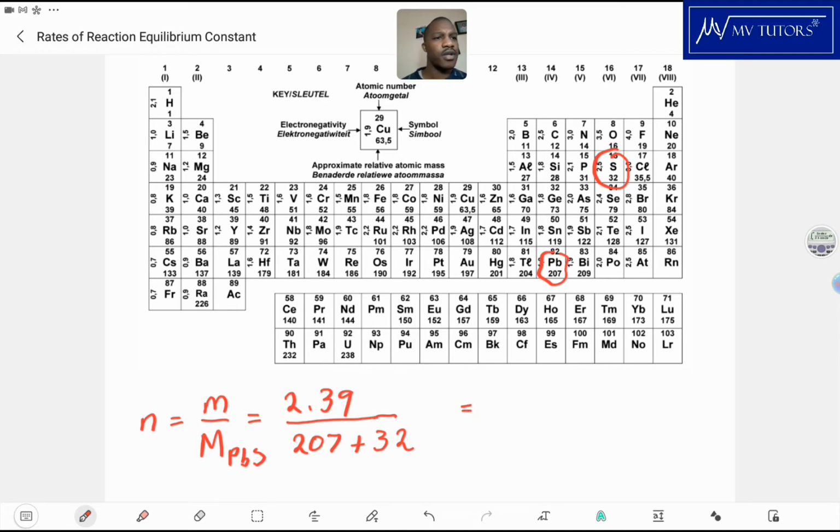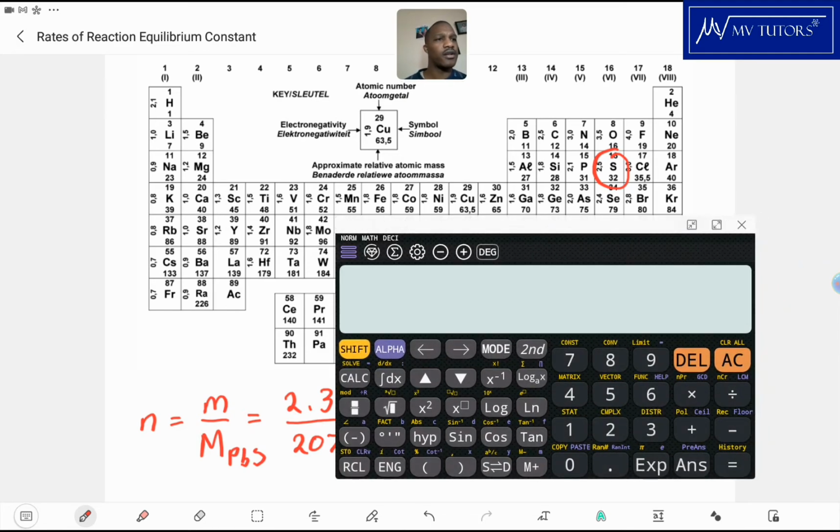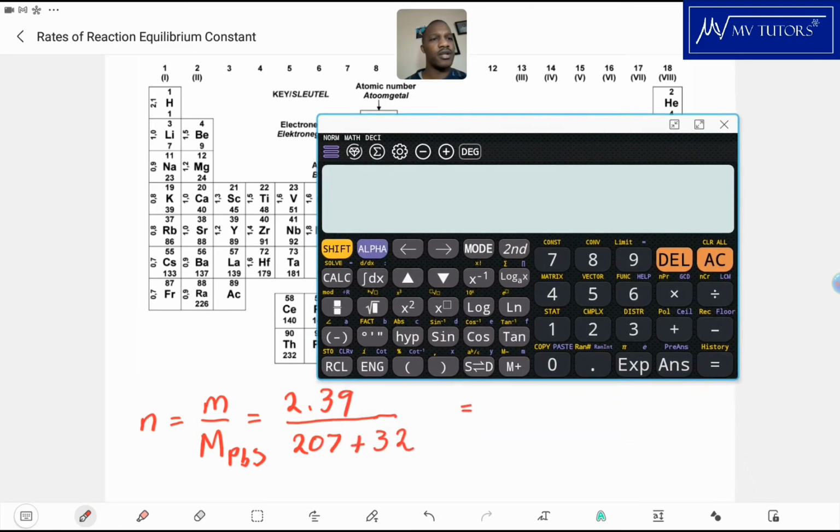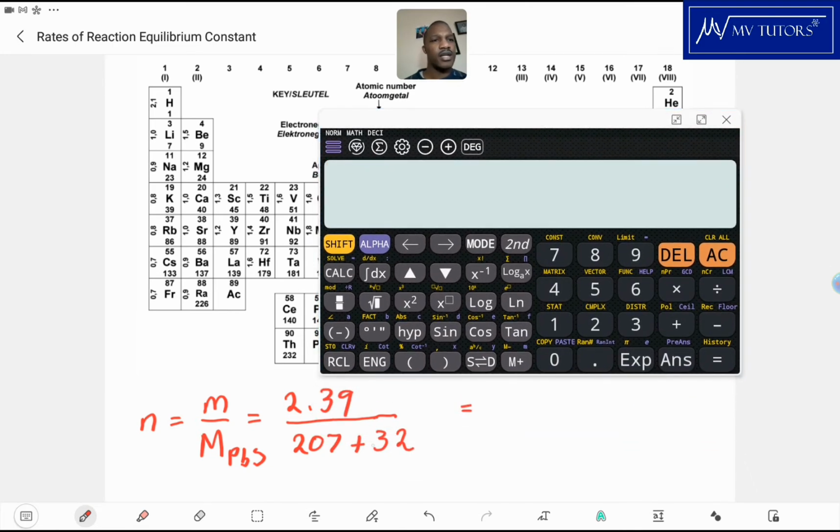Now we're going to bring in our calculator. Let me just add these at the bottom. Let me rewrite this. So I need 207 plus 32. That gives me 239.